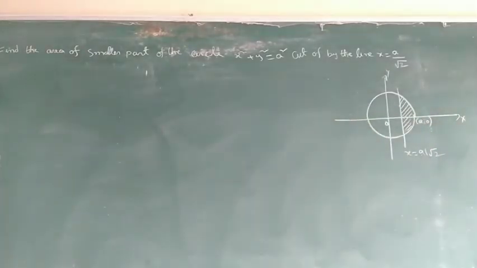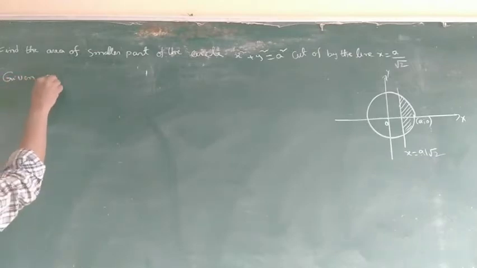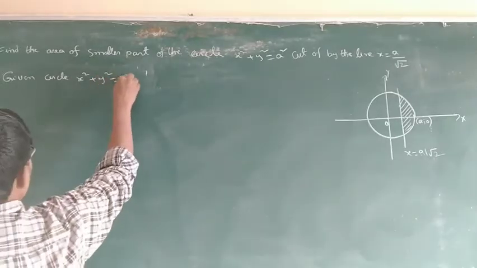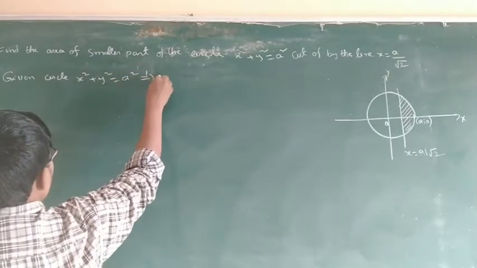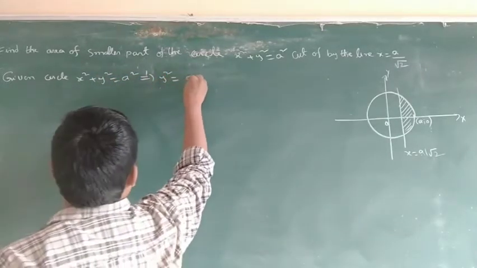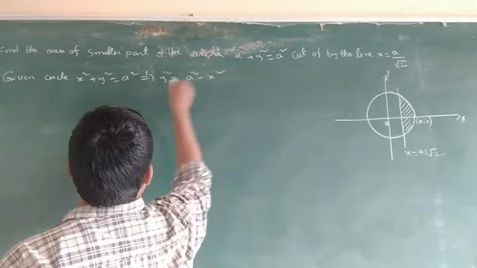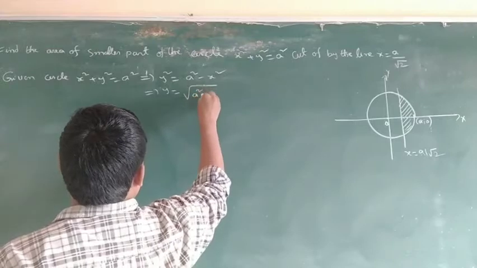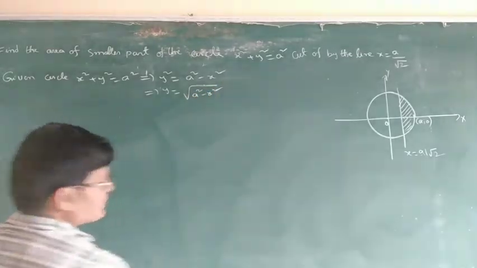So solution, given circle x square plus y square is equal to a square. That implies y square is equal to a square minus x square, y is equal to root of a square minus x square.